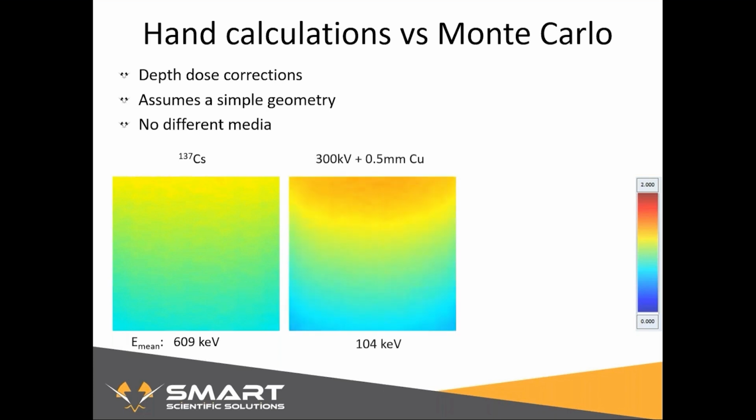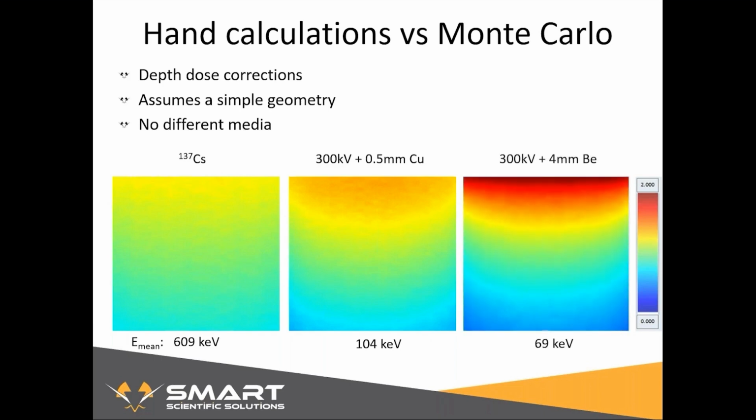When you look at X-rays, the gradient increases, but it's still very possible for such a simple geometry to just calculate by hand what the dose at a certain depth is going to be. As you decrease filtration, the exact depth becomes more important, but still, as mentioned, you could do this analytically.